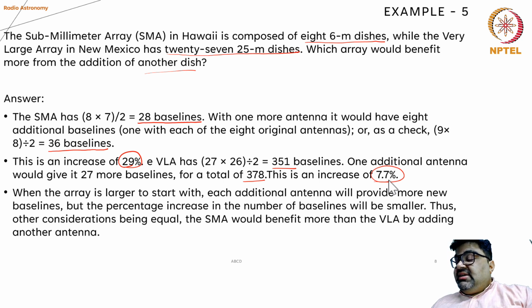So definitely, if you add one dish to the smaller array, which is the SMA, it will benefit much more than the VLA. So by definition, if you add one more dish to an array with a smaller number of antennas, the percentage increase in the baselines will be much more.